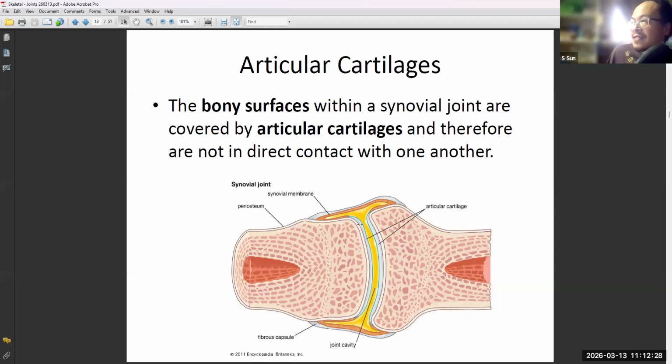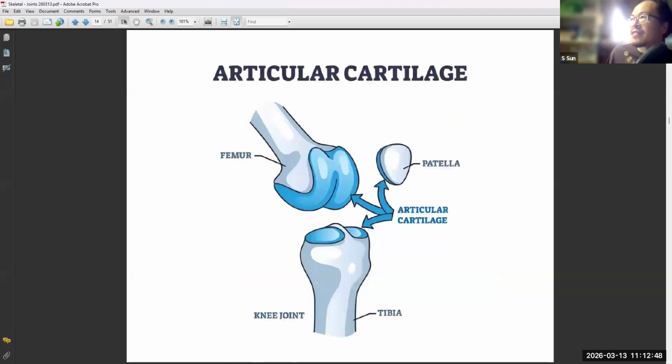On the surface of that bone, where they face each other, is articular cartilage, very smooth. And here is a fluid. The fluid is called synovial fluid, and that cavity is the synovial cavity or joint cavity. Where the bones face each other, this surface is very slippery. It's called articular cartilage.